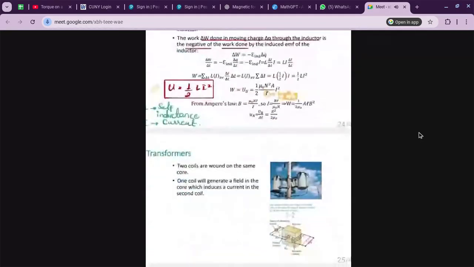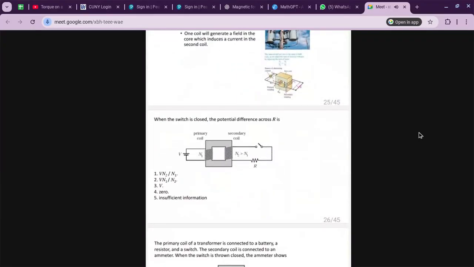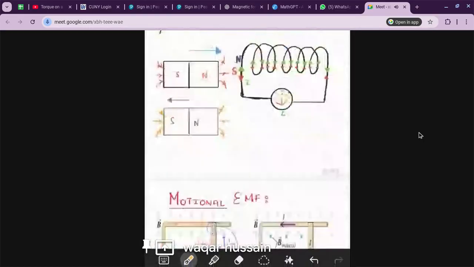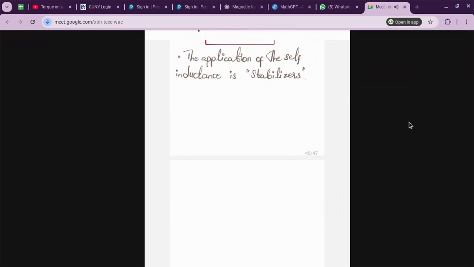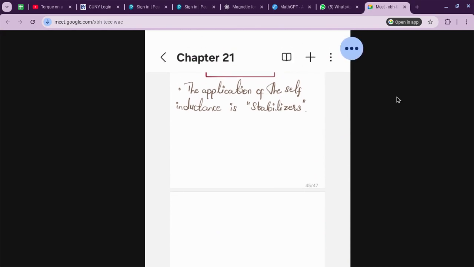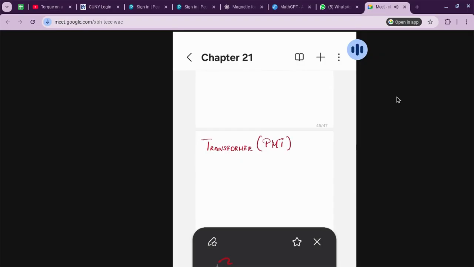Now let's talk about transformers. Transformer is a very important topic. Let me just solve it for you here. A transformer, or you can say PMT, pole mounted transformer. So what is a transformer?